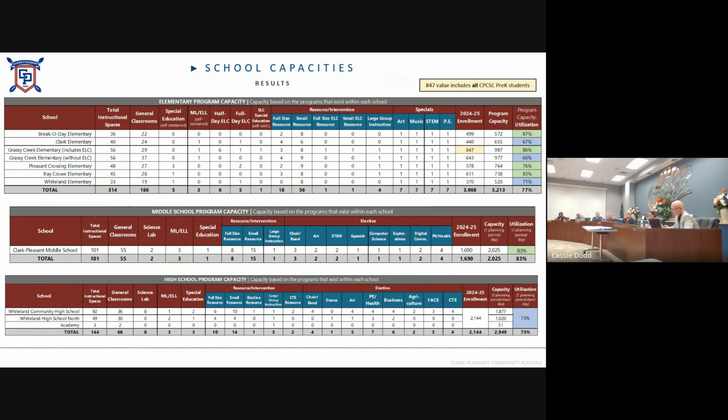So even though it's 67%, I could see where there would be some concerns about how large to make those class sizes, or even whatever other empty classroom space is available. And that's just a statement, not necessarily a question, but those are the two that I watch carefully, even though they're a lower percentage, knowing that could quickly increase between Clark Elementary and Whiteland.